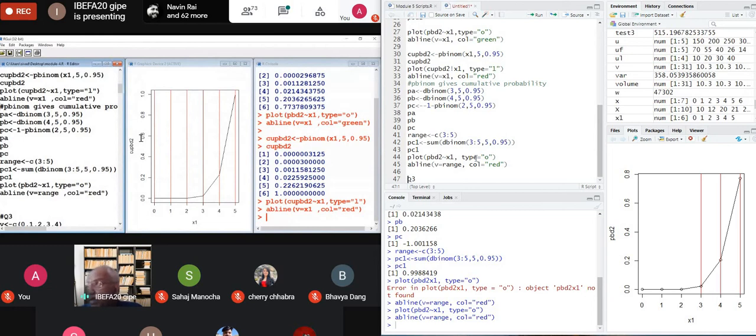Now, what is the question? Exactly 3, exactly 4, and minimum 3. Exactly 3 drills are perfect. Exactly 4 drills are perfect. 3 or more are perfect.